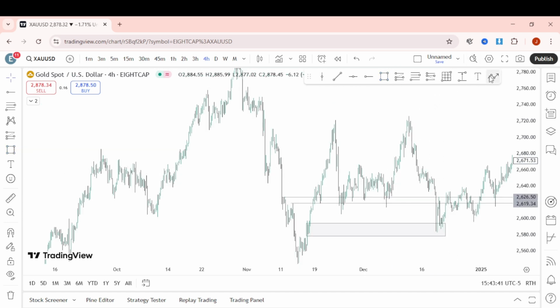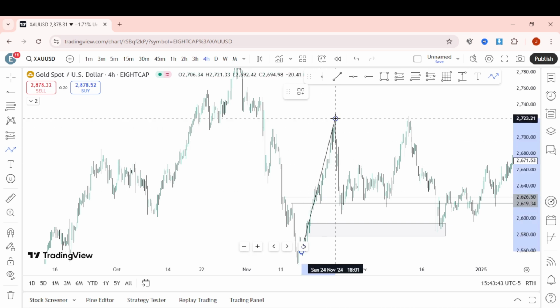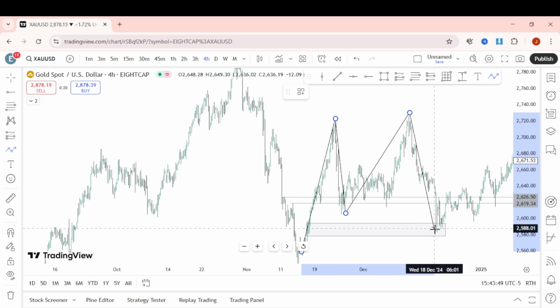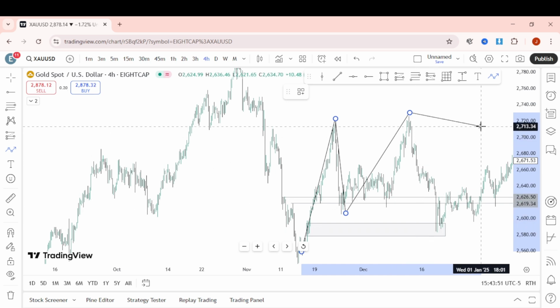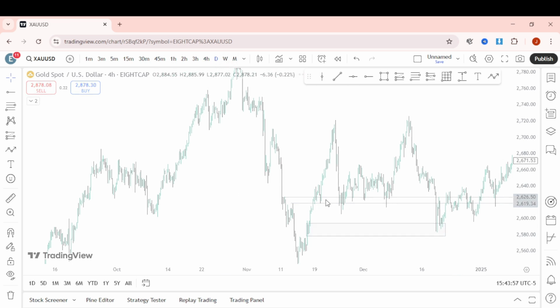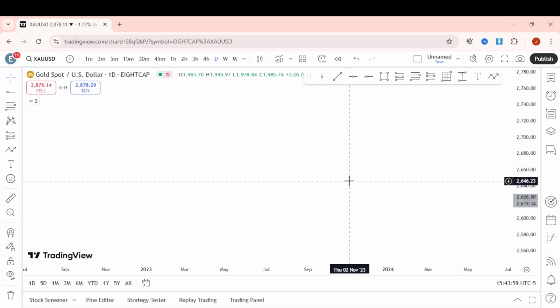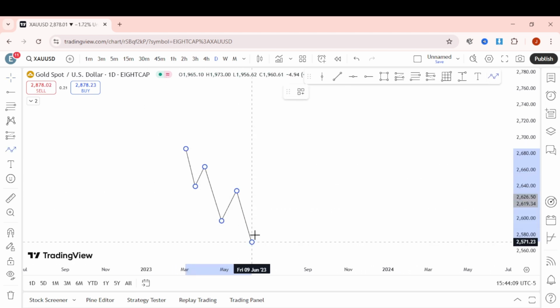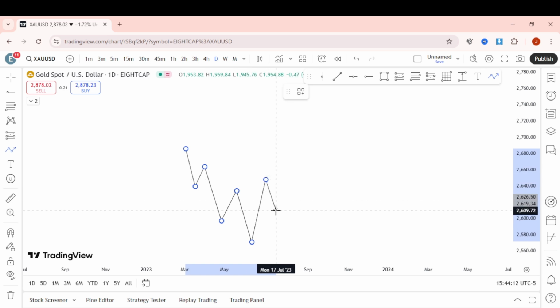I think I need to explain the reason why price went all the way up, came down, went up, and tapped out this low in order to enter into this order block and start going up. So it's very simple. If you go onto the higher time frame, on the daily time frame, so if price comes all the way down and price goes up, price goes down, price goes up, but does not break any high, this low is known as a liquidity.